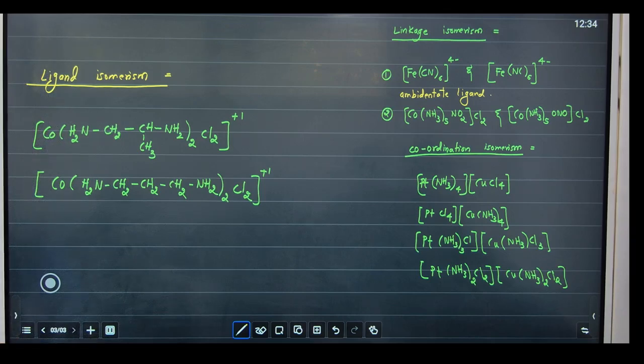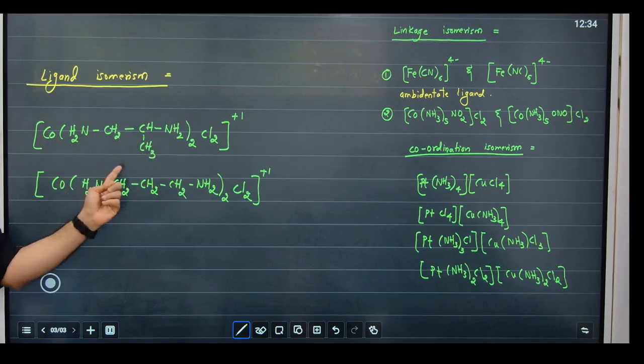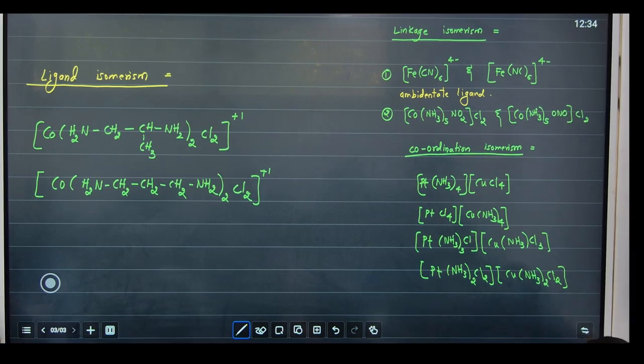Now look at the example. Can someone give me the relation between ye and ye? If you see, everything is same, but यहाँ पे there is isomerism. So there is isomerism between the ligands. We call them as ligand isomerism. Please write down. Short form में लिखेंगे.